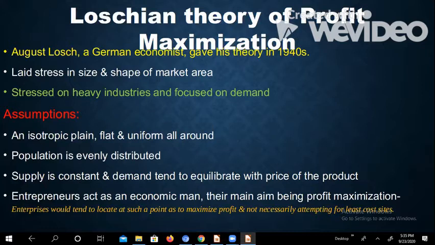Entrepreneurs are economic men, so their main aim is profit maximization. They will tend to locate at such a point where they can reduce their various costs, and in doing so maximize their profit.